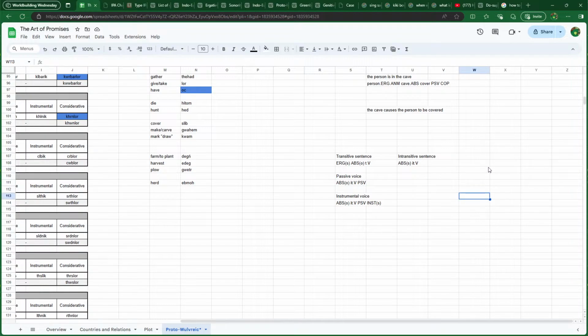And then for causative, the would be the intransitive, right?